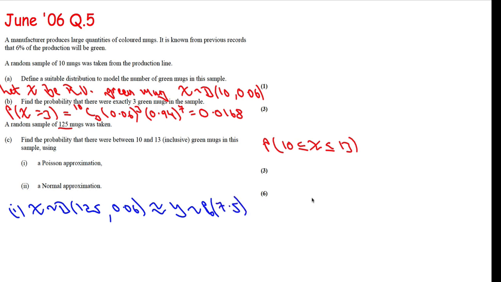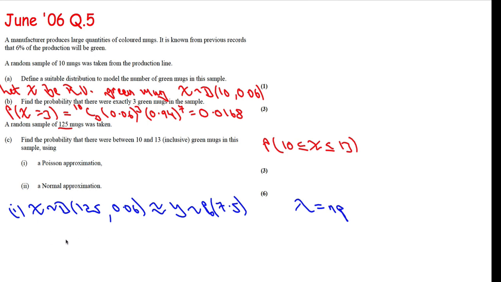Just so you know where the 7.5 came from, when we're approximating a binomial using a Poisson, lambda equals np. So y is a Poisson distribution with parameter 7.5.